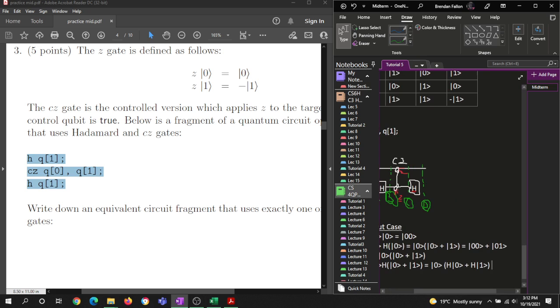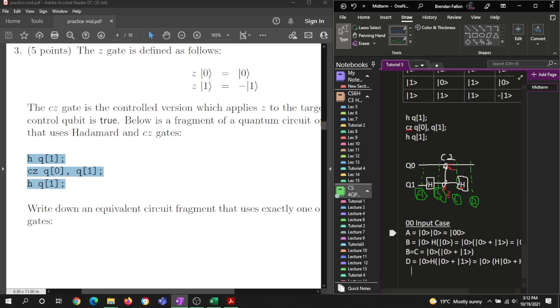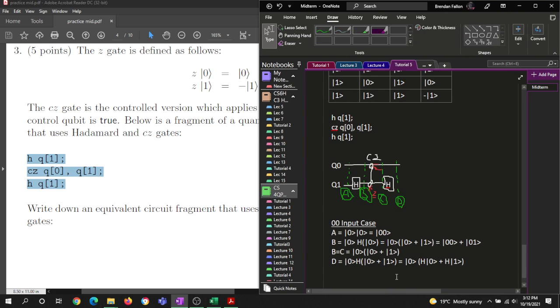Let's work that out on the next line. I'll make this a little bit bigger so we can work with the math. So this is 0, and then H of 0, as we said before, is 0 plus 1. And does anyone remember what H of 1 is? 0 minus 1, perfect.